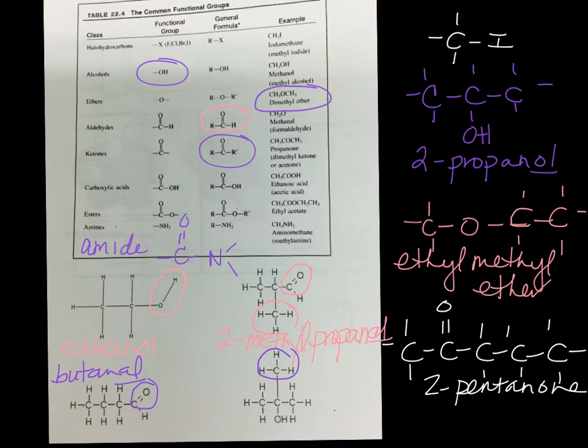My OH group is on the second carbon, so this is going to be 2 for the OH, and we've got 2 for the methyl, so 2-methyl-2-propanol. So you have to tell me where the methyl group is, and because the OH group is not on an end carbon, you also have to tell me where that is.